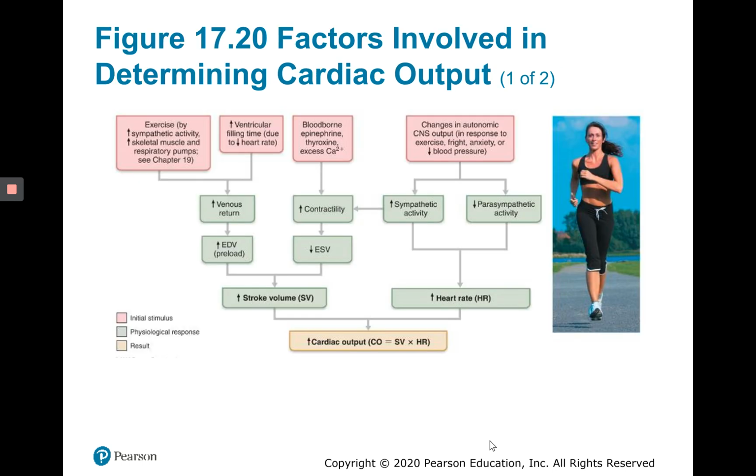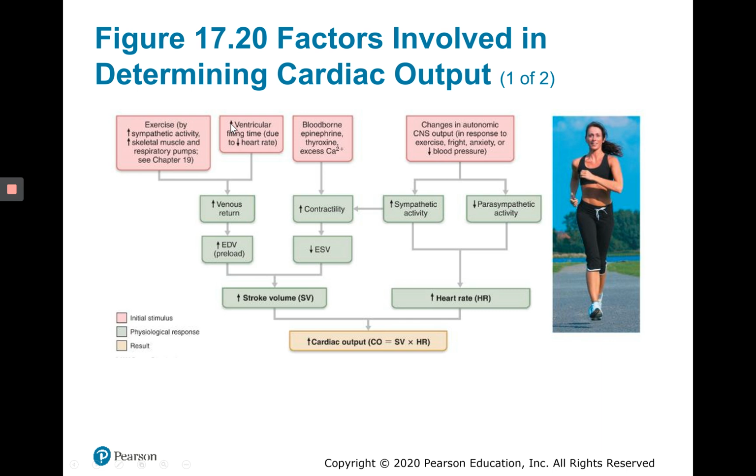So here in figure 17.20, we see factors involved in determining cardiac output, and ultimately they come down to two physiological responses, which change stroke volume and heart rate. So let's begin with the initial stimuli. Exercise can cause an increase in sympathetic activity, increase in skeletal muscle and respiratory pumps.